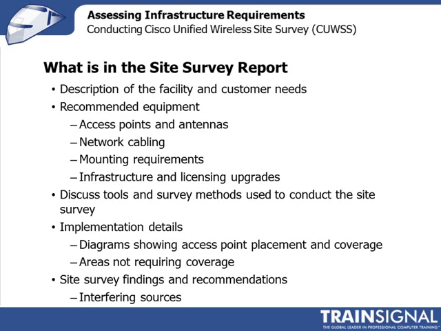You want to give a very detailed description of the network cabling that you'll be using to connect the access point. The mounting requirements, very important here as well, like are you attaching it to a ceiling, to a wall, above the ceiling, what mounting equipment do you actually want?